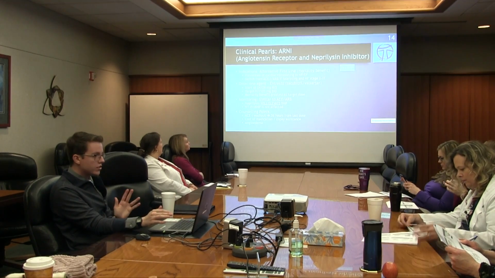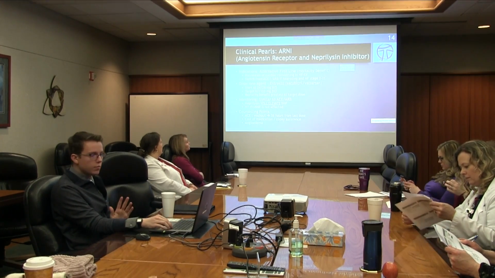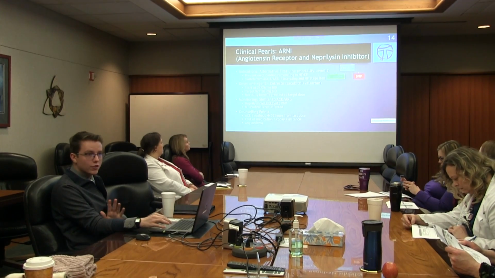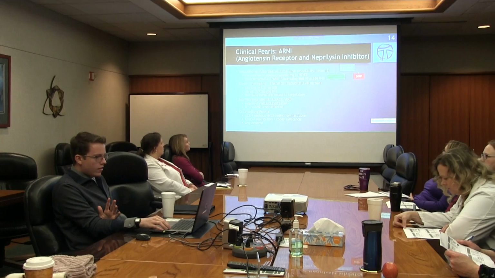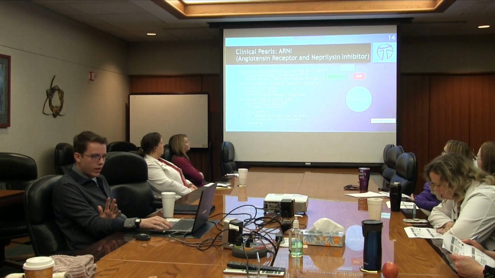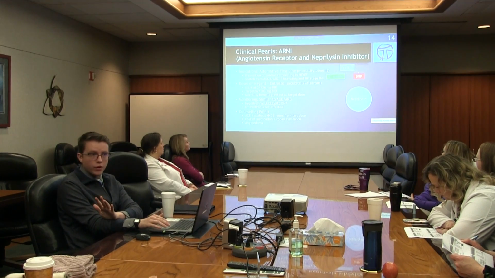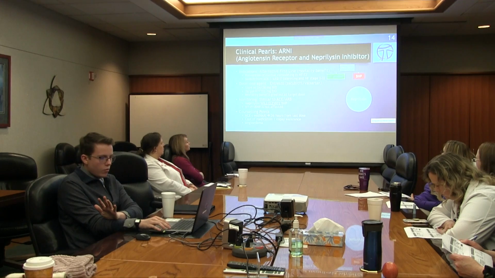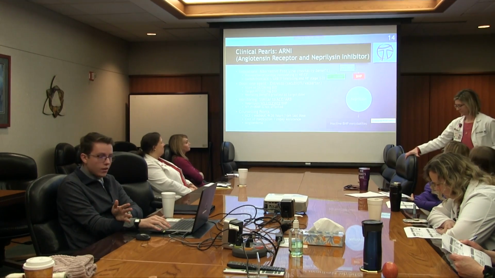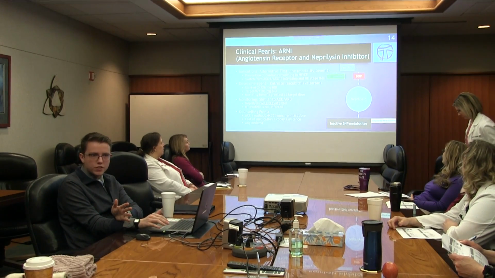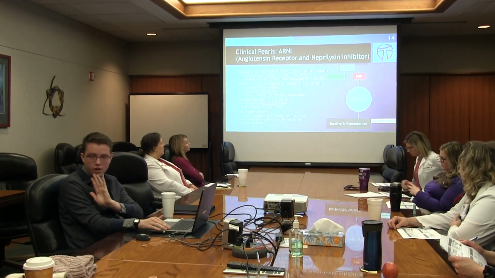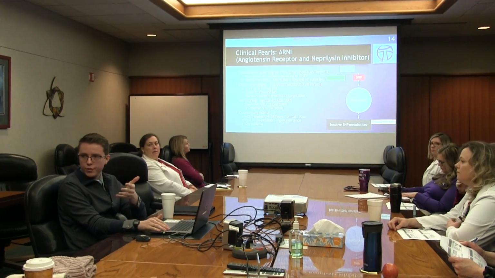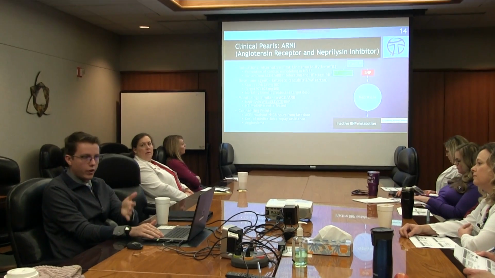The mechanism of action of our ARNIs starts with pro-BNP, which is broken down into our 2 markers for heart failure, NT-proBNP and BNP. And we have neprilysin, which is the enzyme that we're inhibiting with our ARNIs. What neprilysin does is it takes our BNP and breaks it down into inactive metabolites. And so this is going to keep our BNP from exerting its effects for a long period of time.